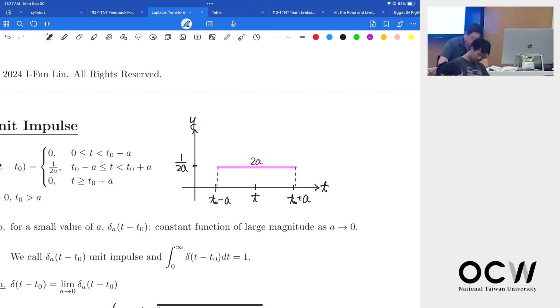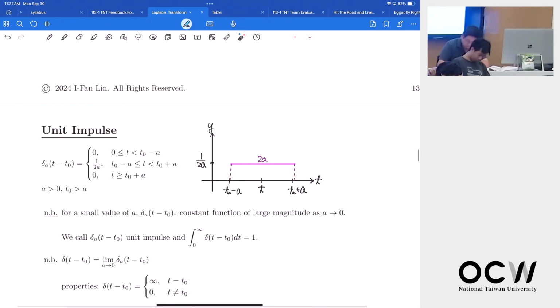When a becomes smaller, the interval will shrink.